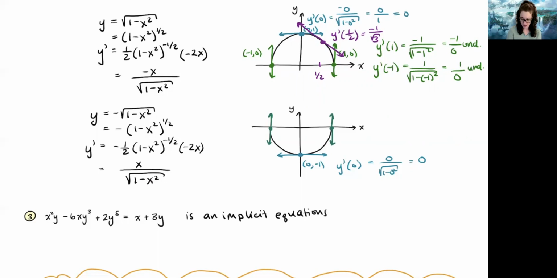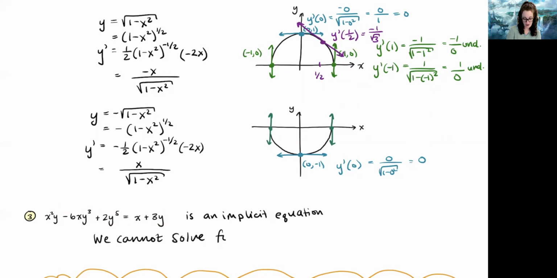They are all mixed together. We've got a y here, we've got a y cubed here, we've got a y to the fifth, and we've also got a y here. And you could try all you want to solve this for y on one side, but you won't be able to do it. So in this case, we just cannot solve for y.